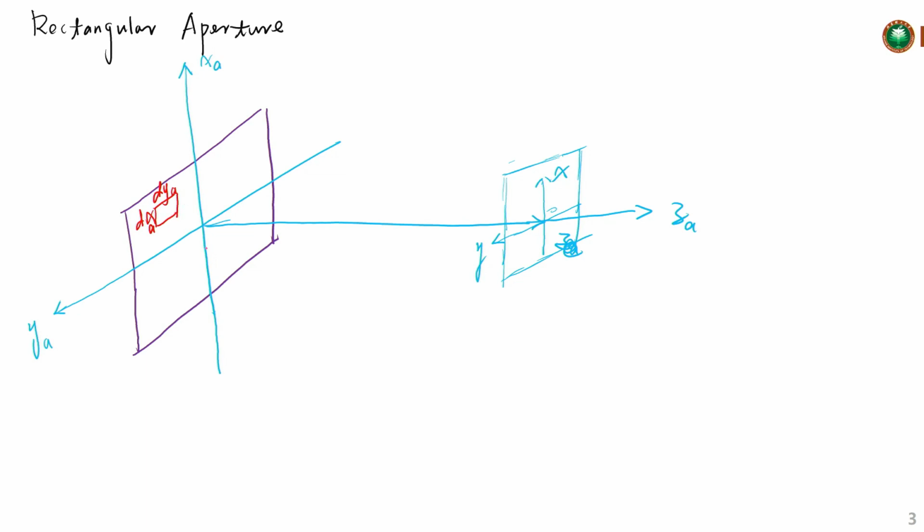And this is the unit area here. So if we have an observation point q, the distance from this point to the observation point q we name s. From the origin to q, we call it r, okay?